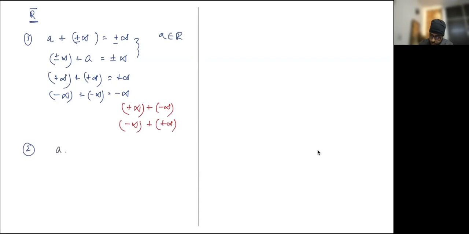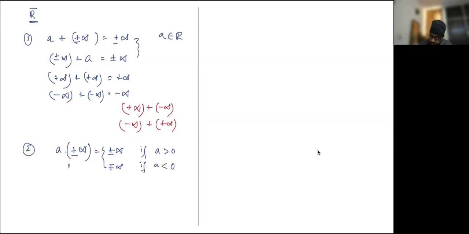If you multiply a real, a is always going to be real, with plus infinity or minus infinity, this would give you plus infinity and minus infinity respectively if a is a positive real, and minus infinity and plus infinity, depending on whether you have plus infinity or minus infinity on the left side, if a is negative.